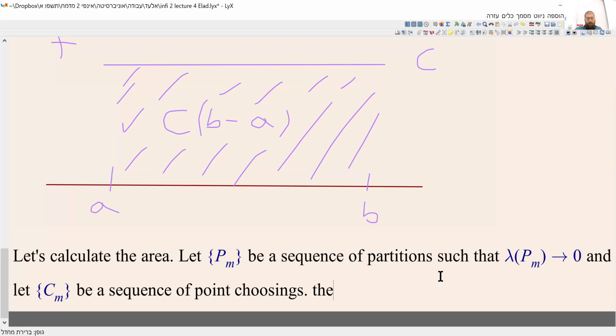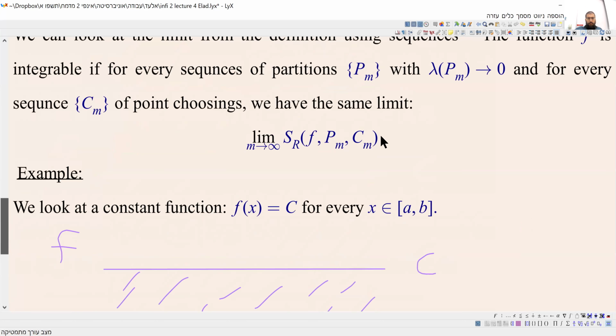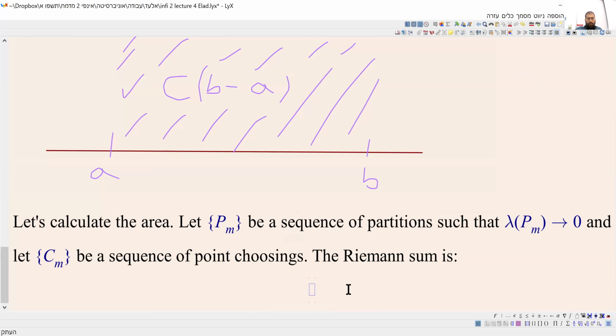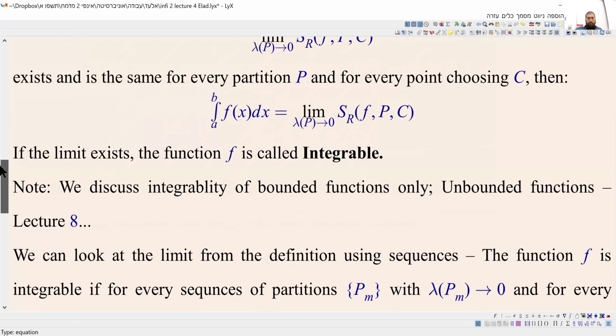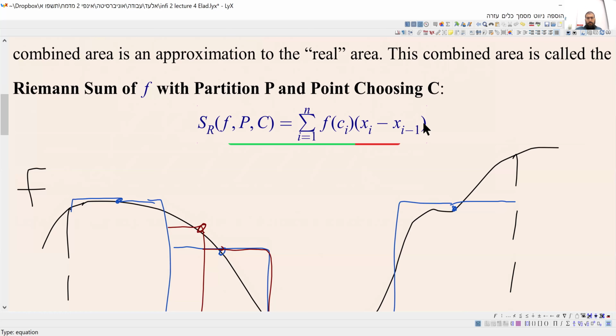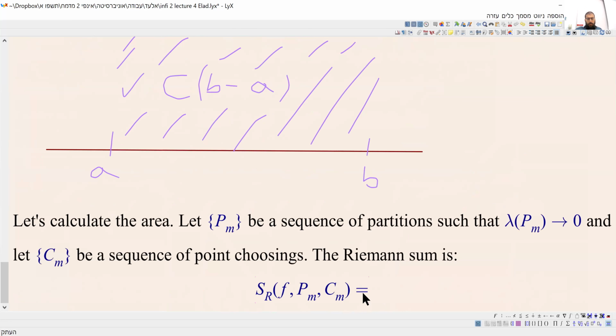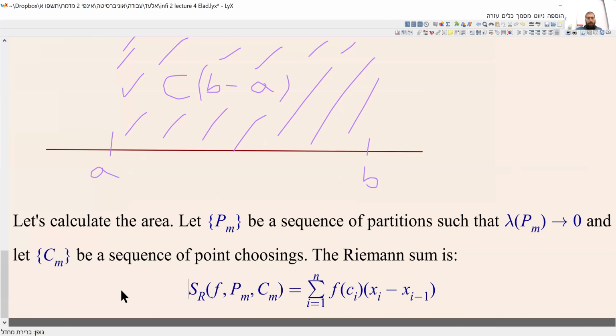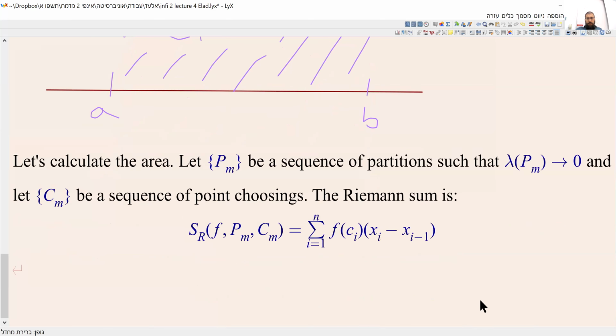Let's write down the Riemann sum. The sum is going from 1 to n.